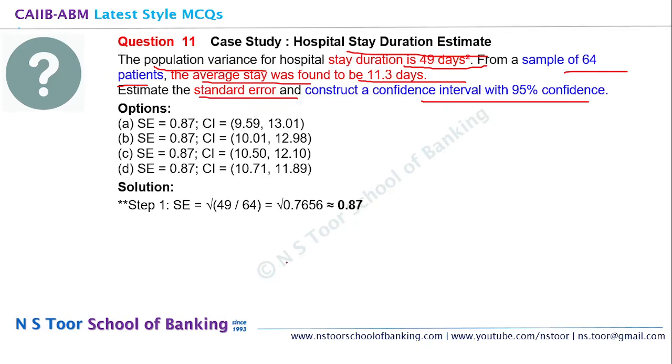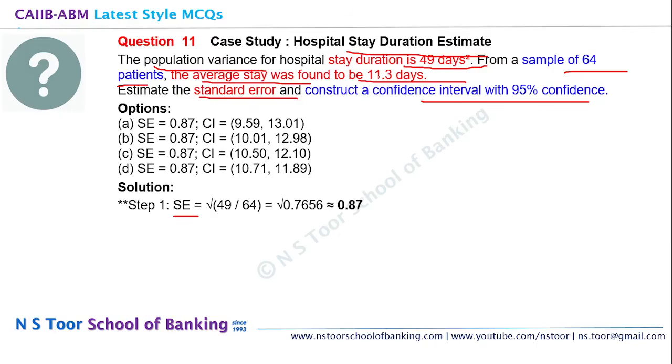As usual, firstly we have to calculate the standard error. What is the formula for standard error? Here they have given us the variance. Population variance is 49 days.